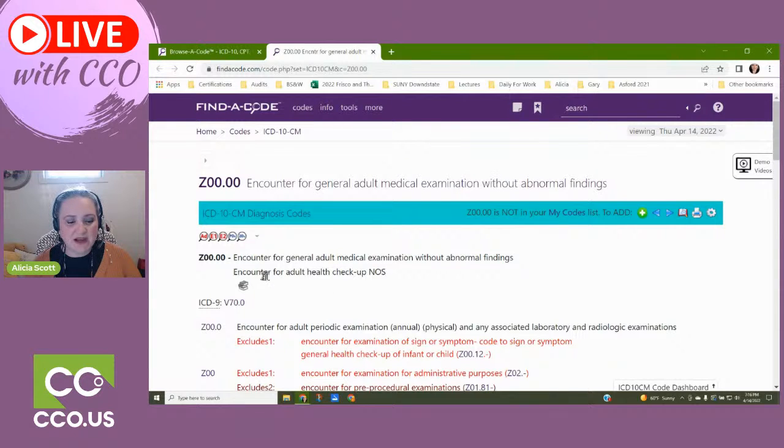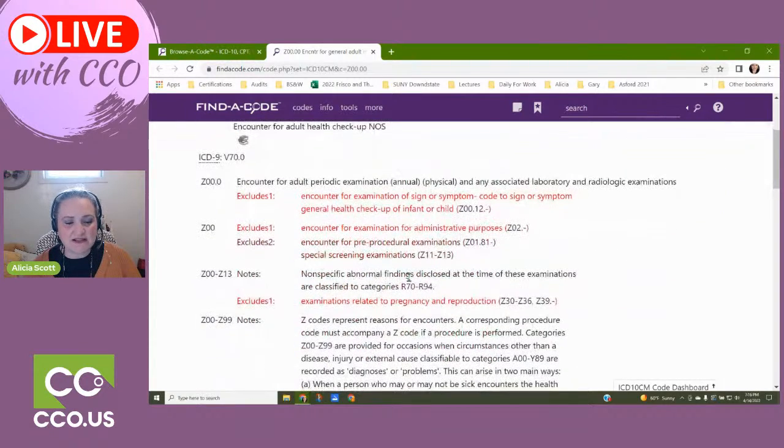Perfect way to explain it: encounter for adult health checkup, not otherwise specified. So don't forget, this is going to exclude children; if you're a child, this code isn't applicable. There is a zoo code for you if you're a child, Z00.12.